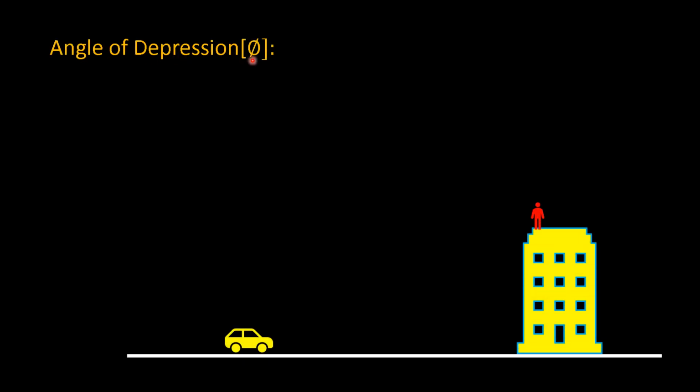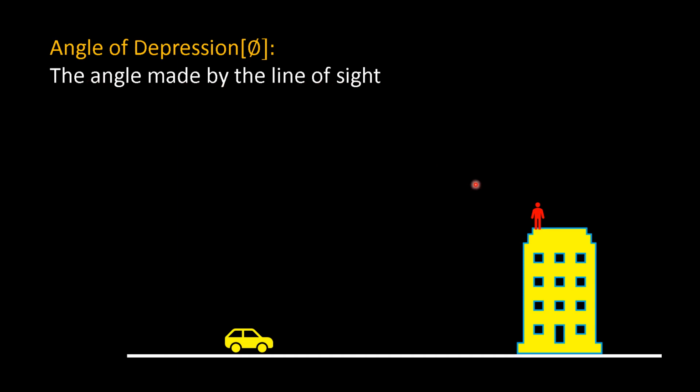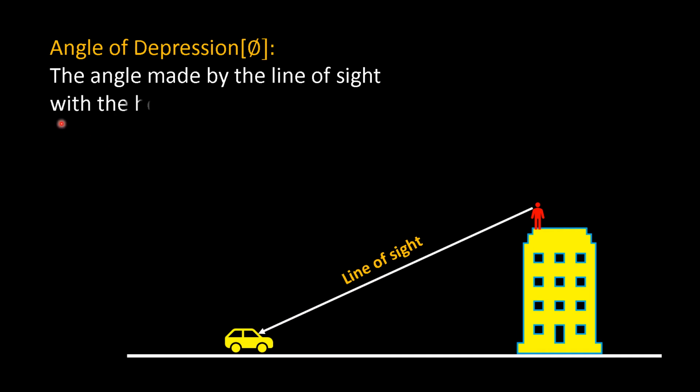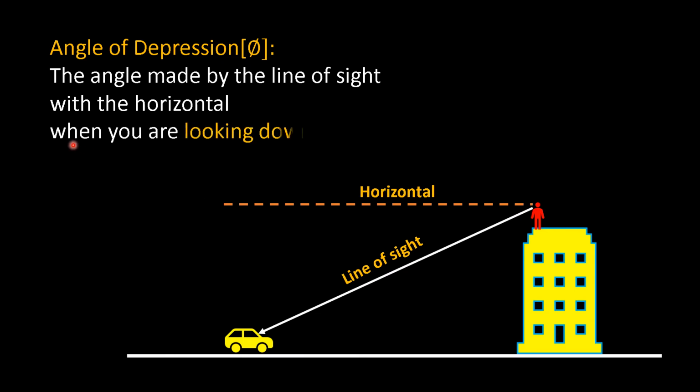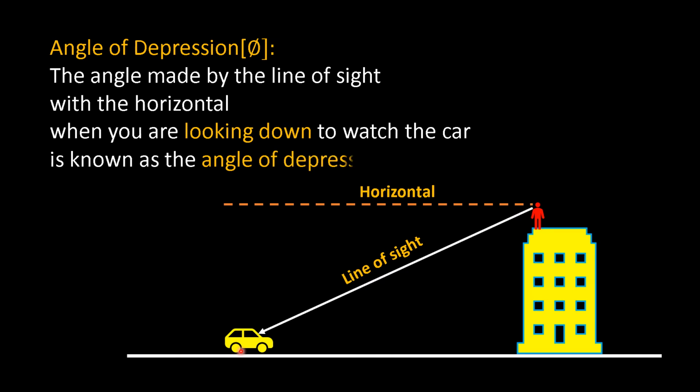Angle of depression phi, the angle made by the line of sight with the horizontal when you are looking down to watch the car is known as the angle of depression phi.